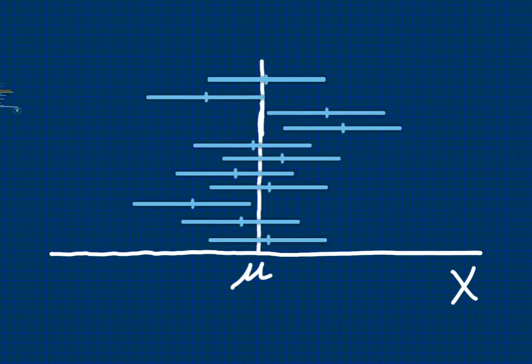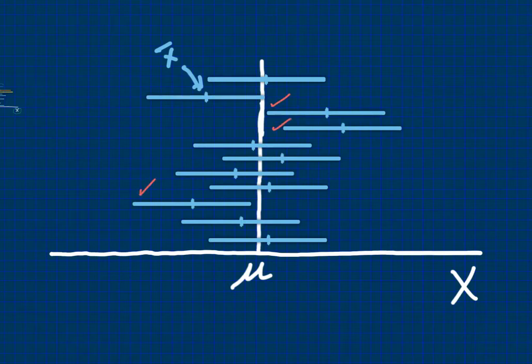This is the same mean, the same distribution, the same sample means. Each of these is the same as it was before. However, the margin of error has shrunk. And now when you look at it, you can see multiple times when it actually misses the mean.